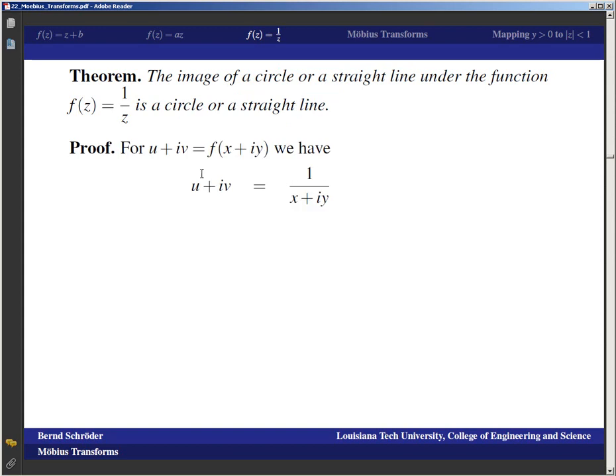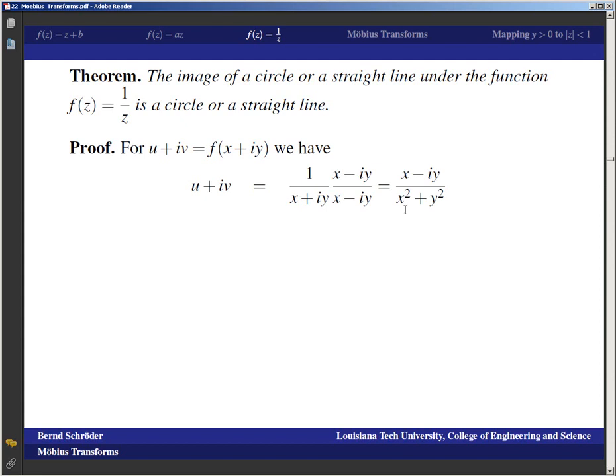So let's prove this. Let's take the function and break it up into real and imaginary parts. If u + iv is f(x + iy), then u + iv is 1 over x + iy, and we can turn the denominator into a real number by expanding with the conjugate.